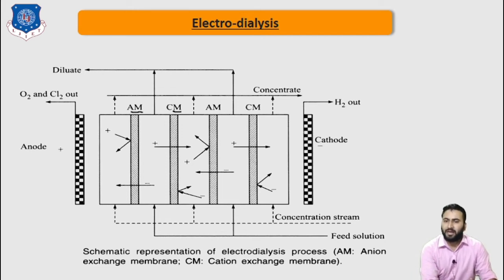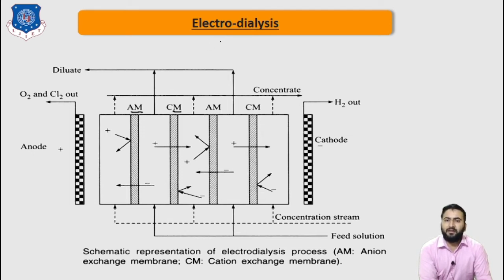Using the right combination of anion exchange and cation exchange membranes, the ions of the feed solution can be separated. The desalted stream is known as the diluent and the concentrated stream is known as the concentrate.